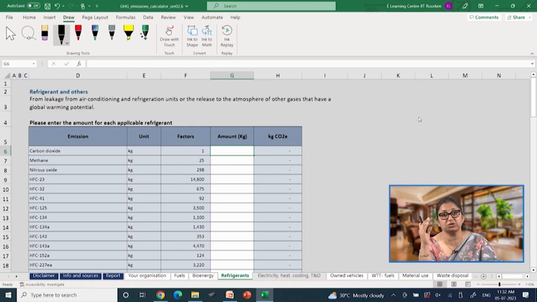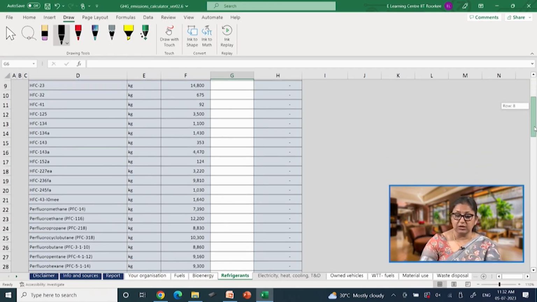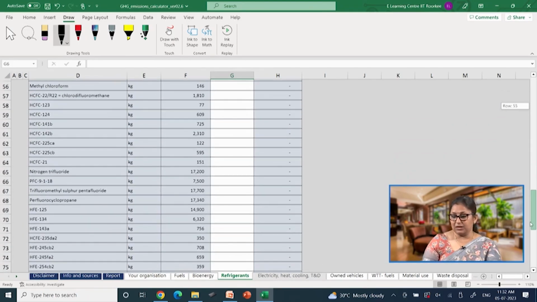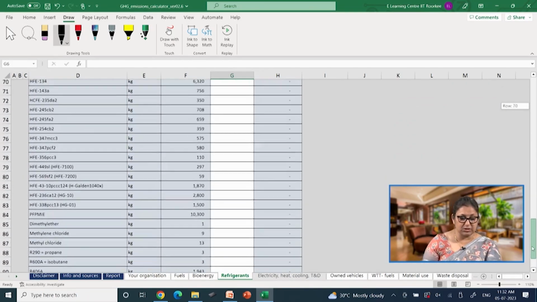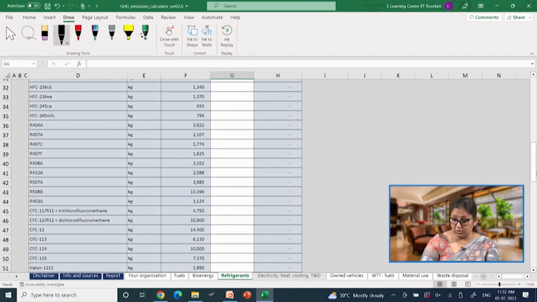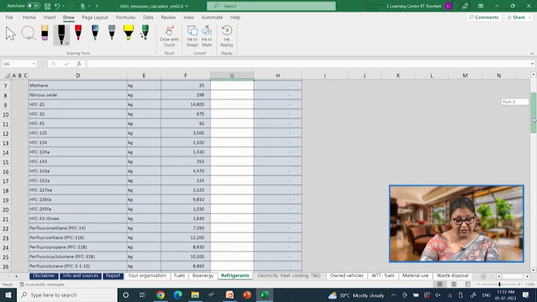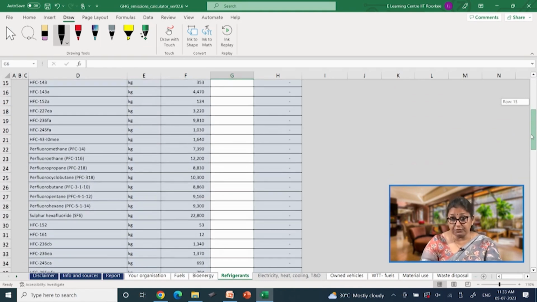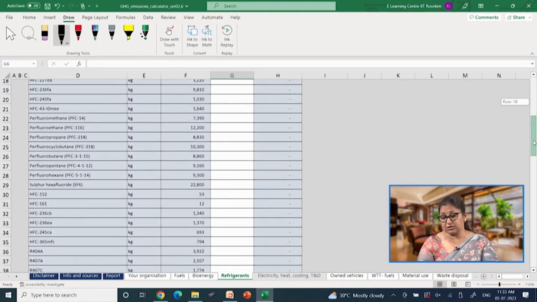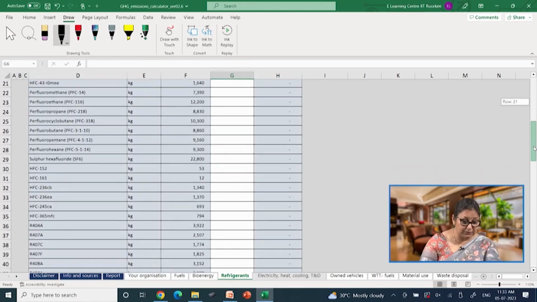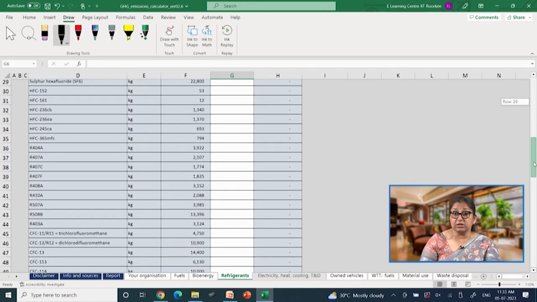If I get a refilling of the gas for the air conditioner done, so that is going to be mentioned here. We have to specifically know which gas is being used, which refrigerant is being used, and then we mention and look at the factors here. We did discuss in the initial lectures the potential of these refrigerants, these HFCs or the other refrigerants, in causing global warming.